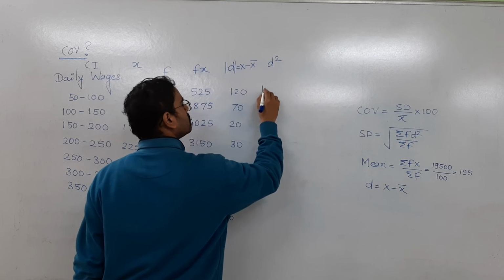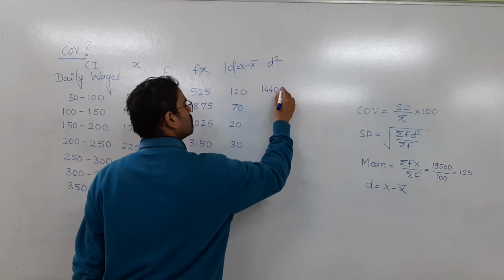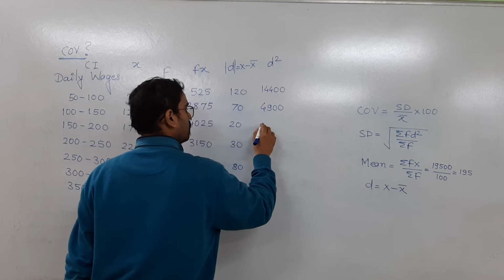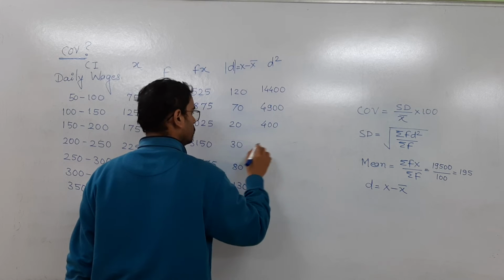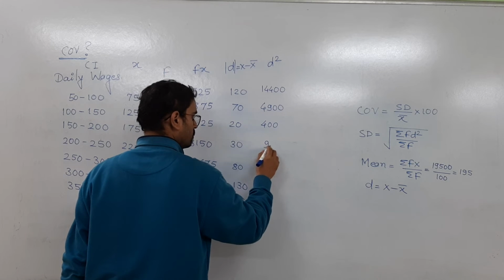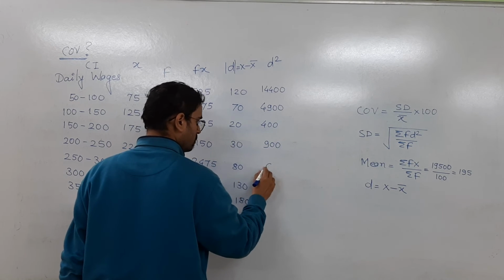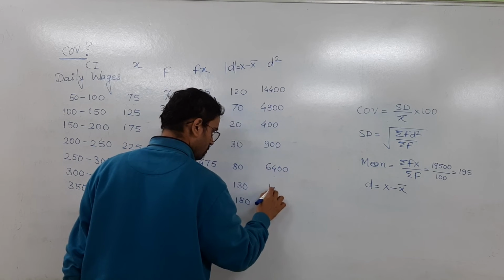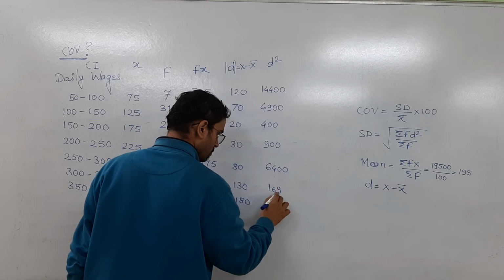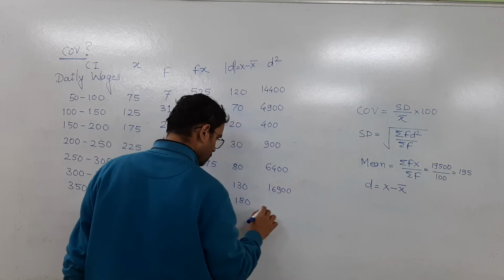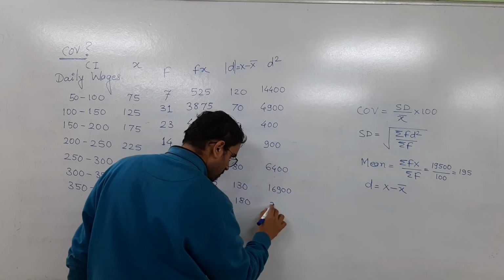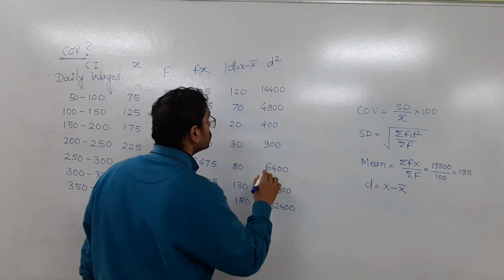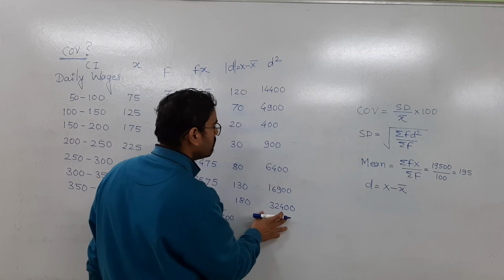Square of it: 14400, 4900, 400, 900, and so on. So this is D square.